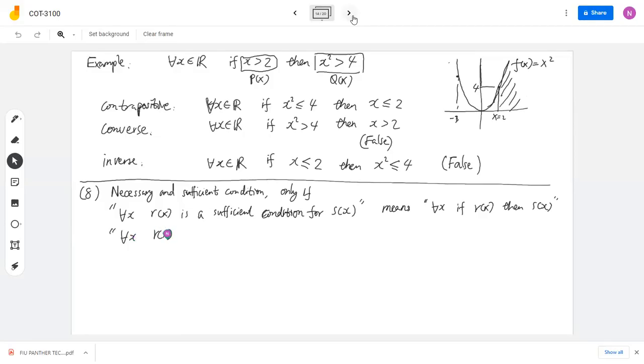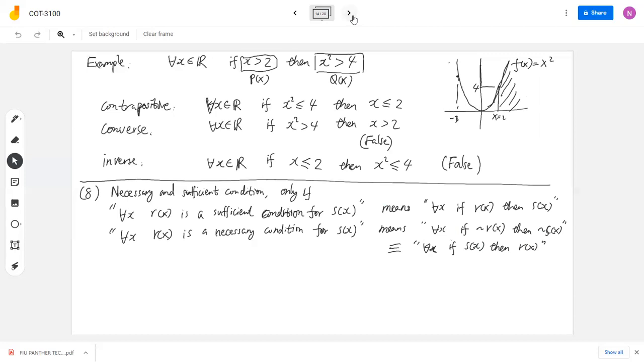What about the necessary condition? The necessary condition is: for all x, Rx is a necessary condition for Sx, and this is equivalent to saying that for all x, if not Rx, then not Sx, which is equivalent, by the contrapositive, to saying for all x, if Sx, then Rx.